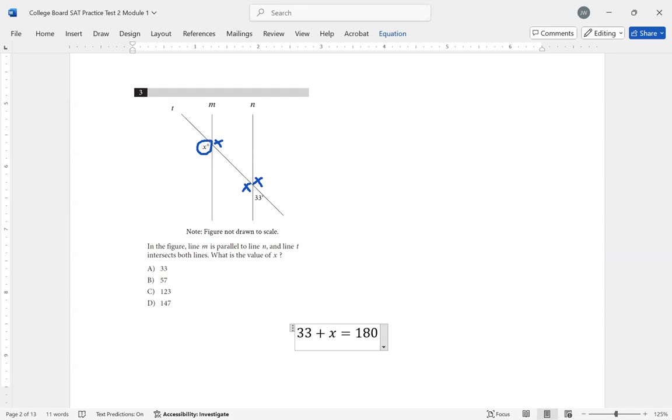If a full circle is 360 degrees, then going from line to line in an arc is half of a circle rotation, which is 180. And if you take 180 and subtract 33, that's what you'd have to do for finding x. You'd get that x is equal to 147. So 147 is the answer to question 3, and that's answer D.